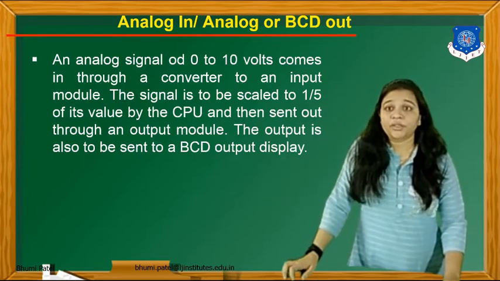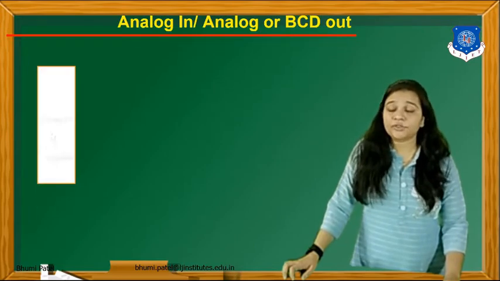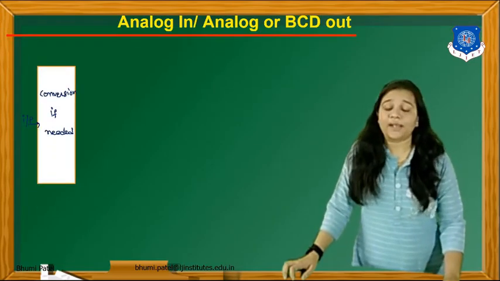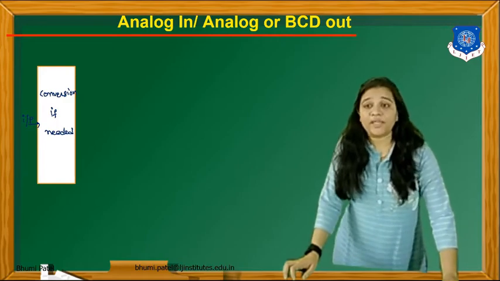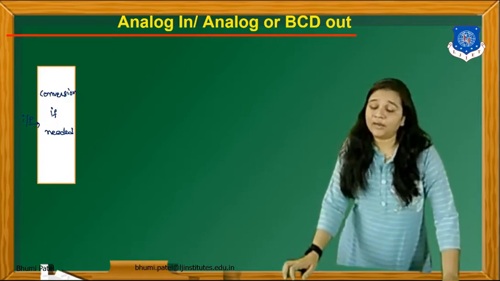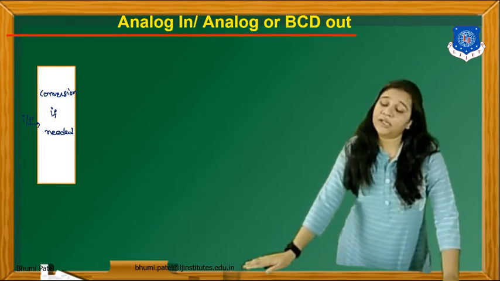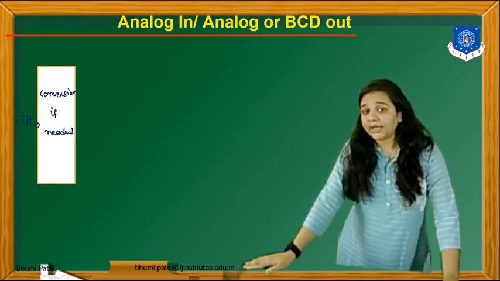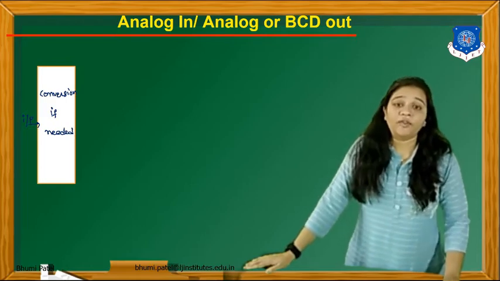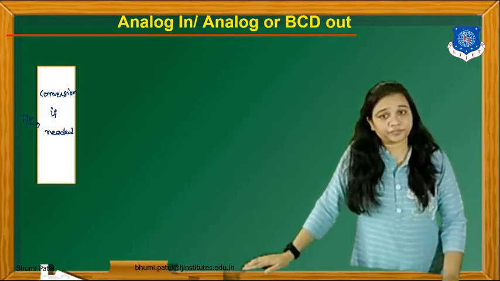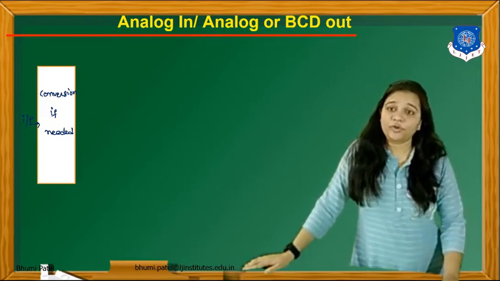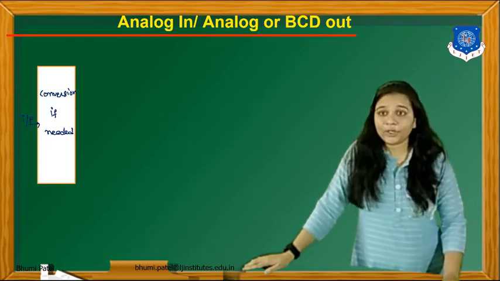So here the analog signal is given, so we can take the input as the analog signal. If conversion is needed, we have to convert this analog signal as we discussed earlier. The input is given in the AC format, and if we need DC voltage, we have to convert this AC voltage to DC.